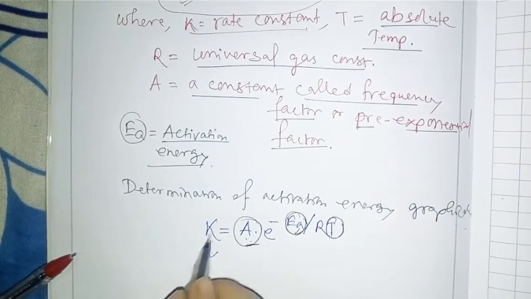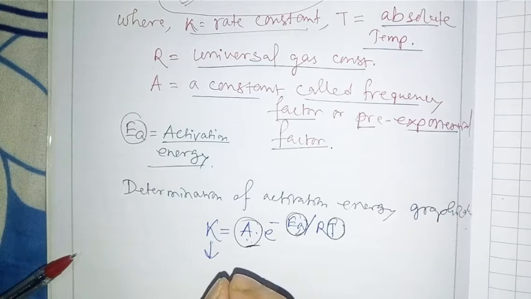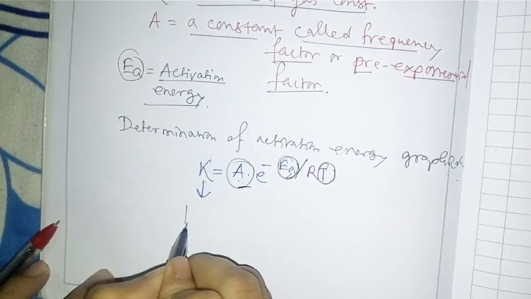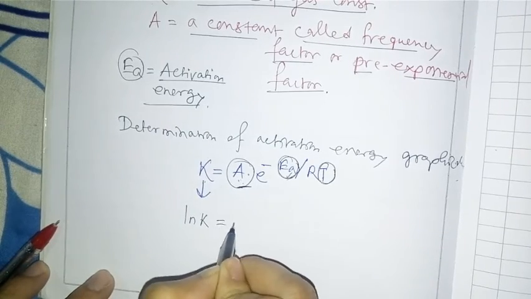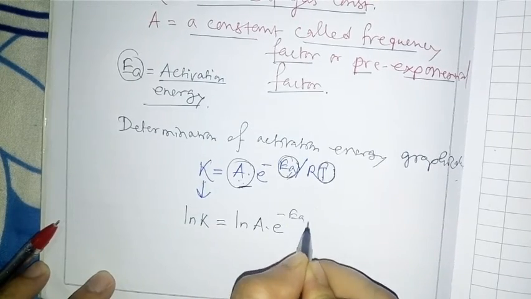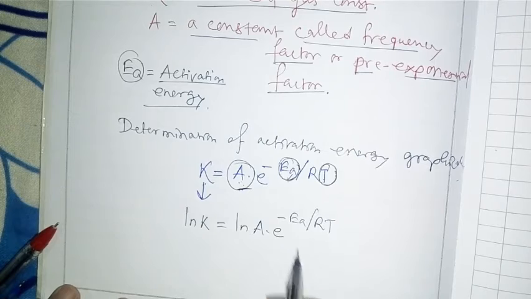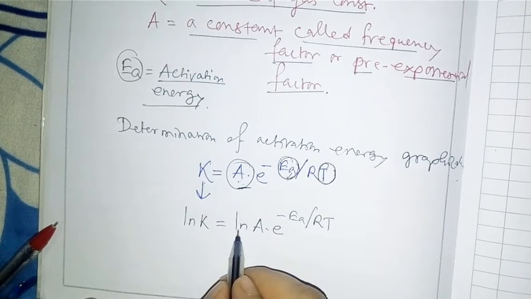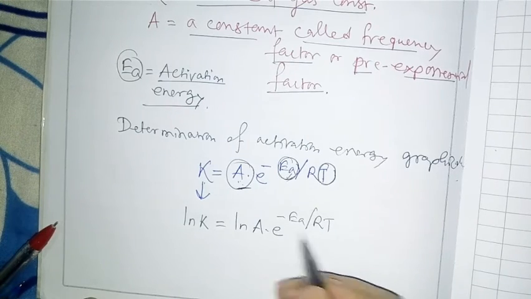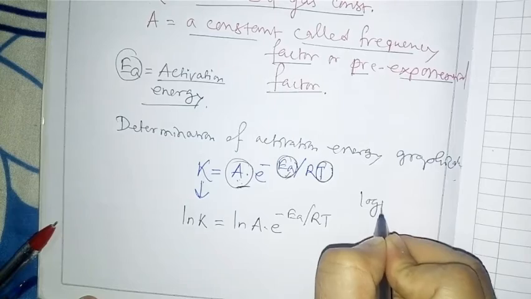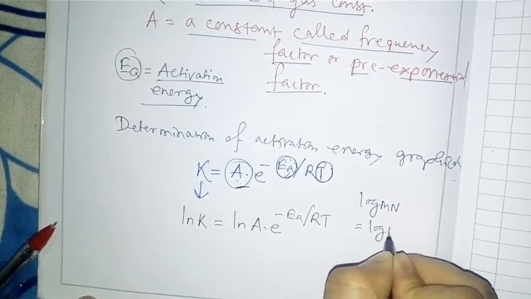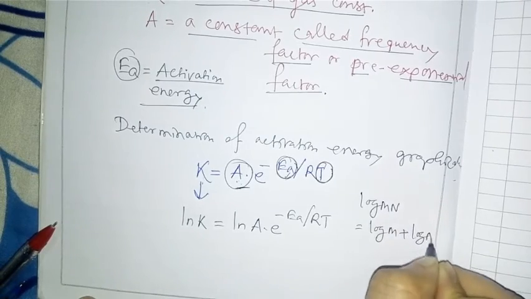Now on both sides you can take ln, natural log. So ln k equals ln of A e to the power minus Ea divided by RT. All of you know the log formula: log of m into n equals log m plus log n.